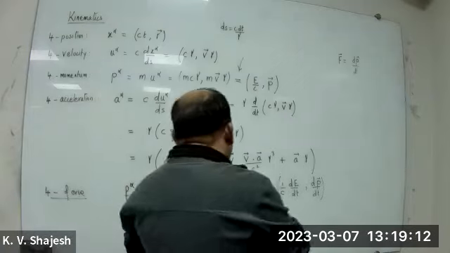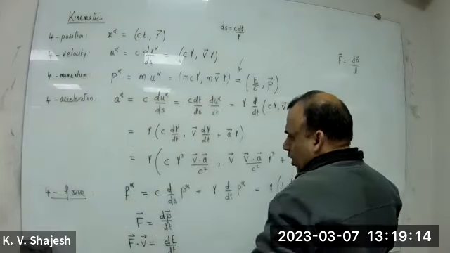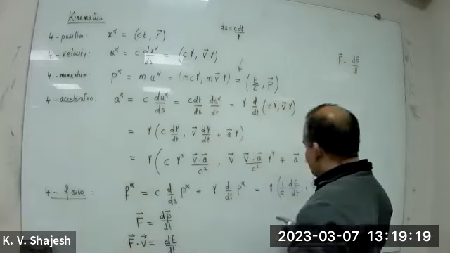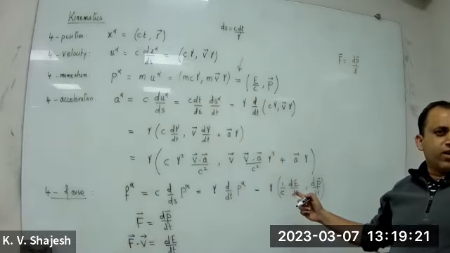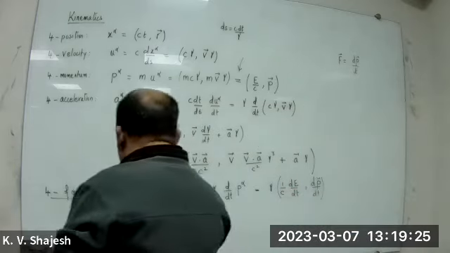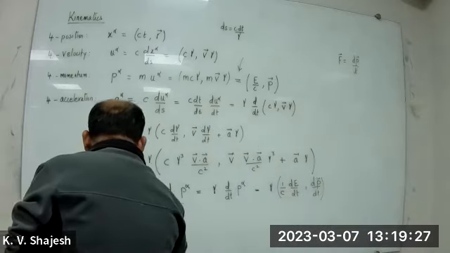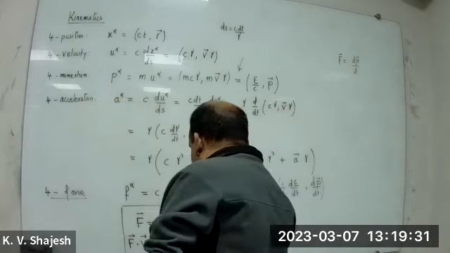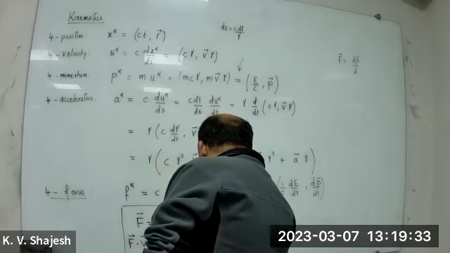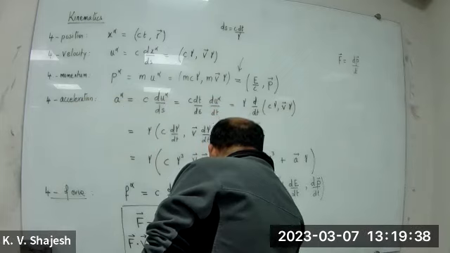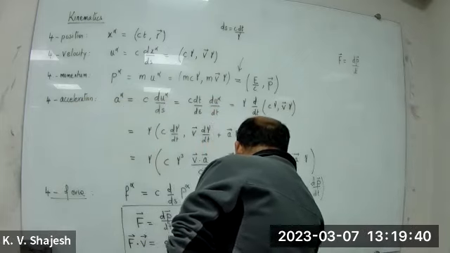Starting from here, this is equated to the force, and dE by dt, you can show that that's force times velocity. So these equations will be your relativistic equations of motion.